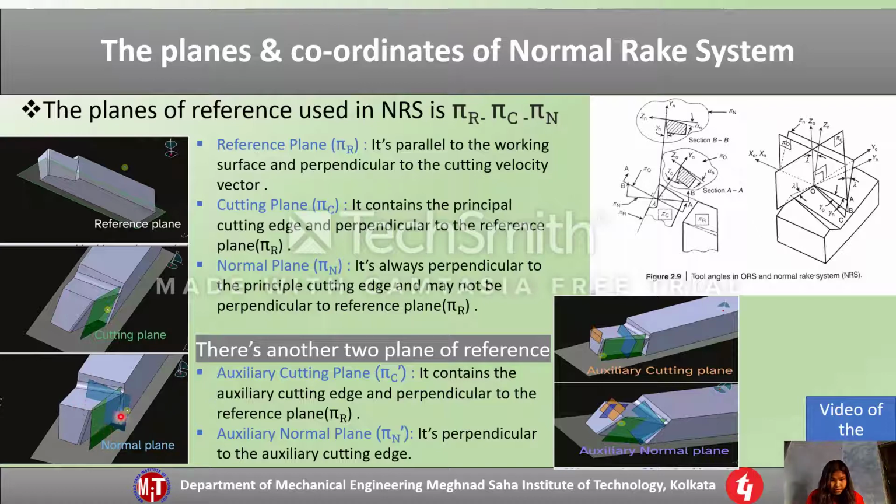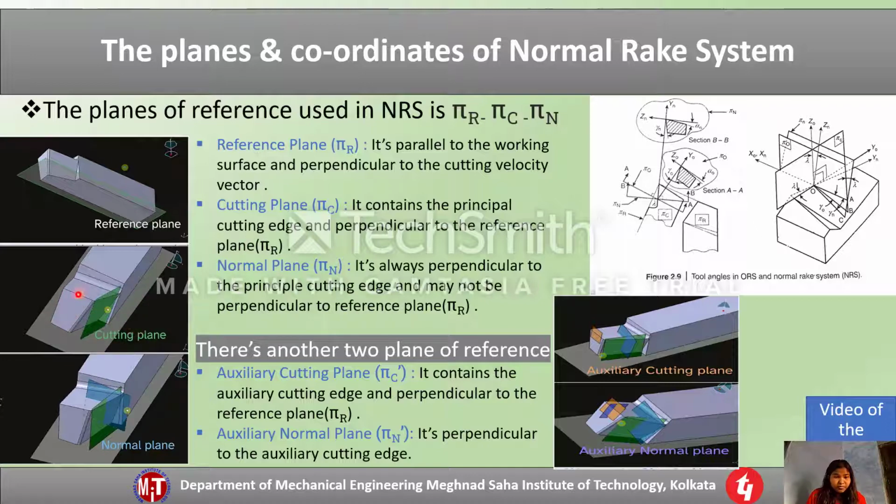As there may be a little inclination angle, it may not be perpendicular to the reference plane, but it will always be perpendicular to the principal cutting edge.